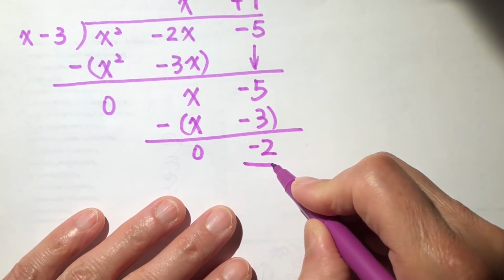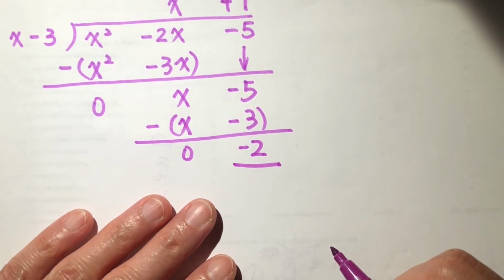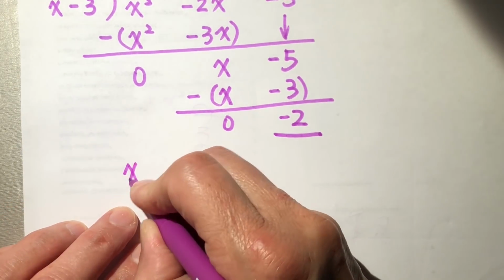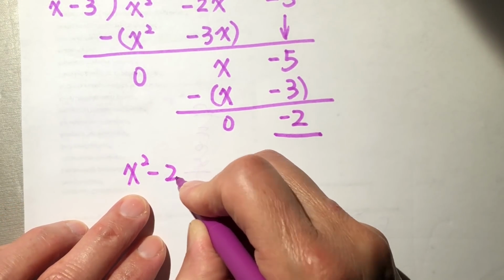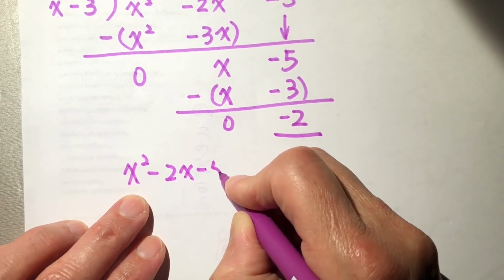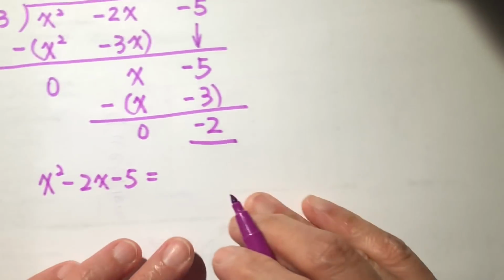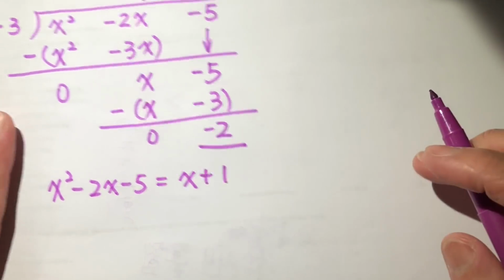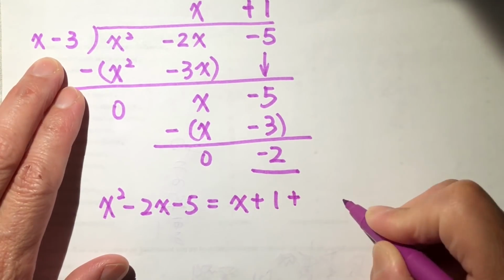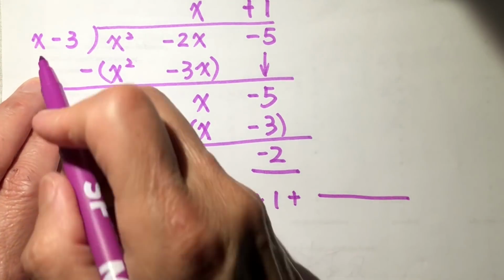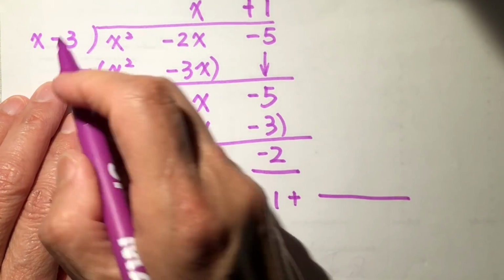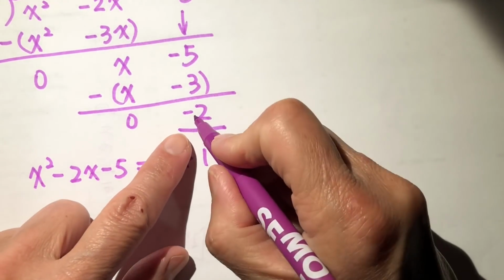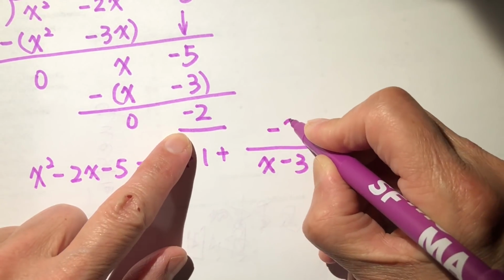Okay, so negative 2 is the remainder. So we can write the above x squared minus 2x minus 5 equal to x plus 1 plus the remainder negative 2 over the denominator x minus 3.